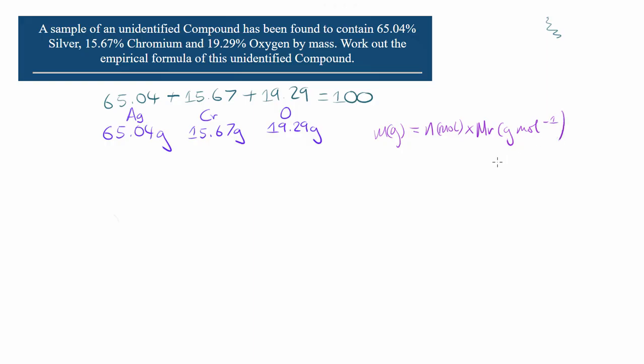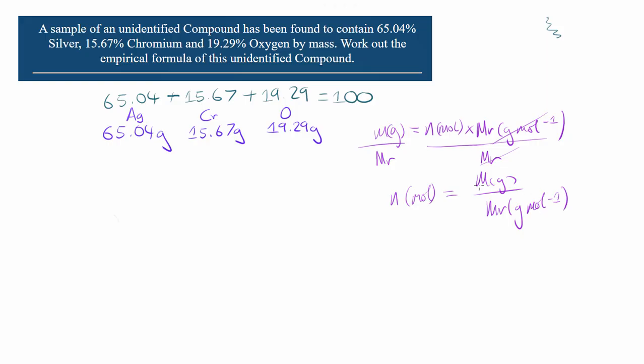Of course, when we rearrange this by dividing both sides by the molar mass Mr, what we get is that the moles n is equal to the mass divided by the molar mass.